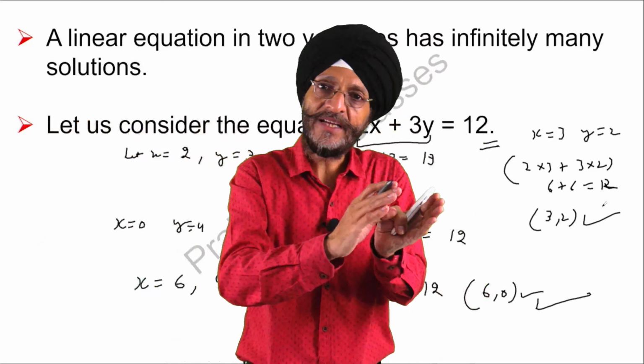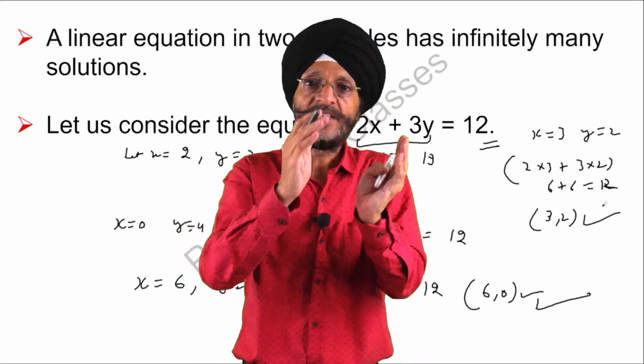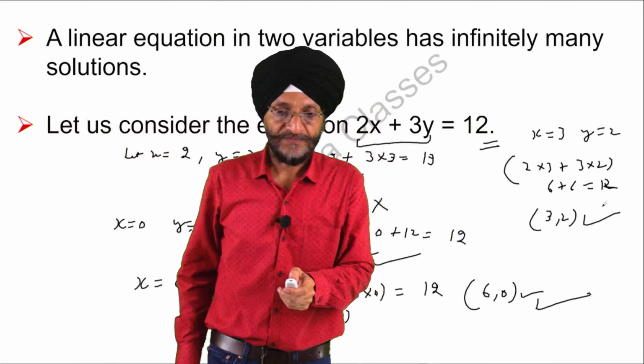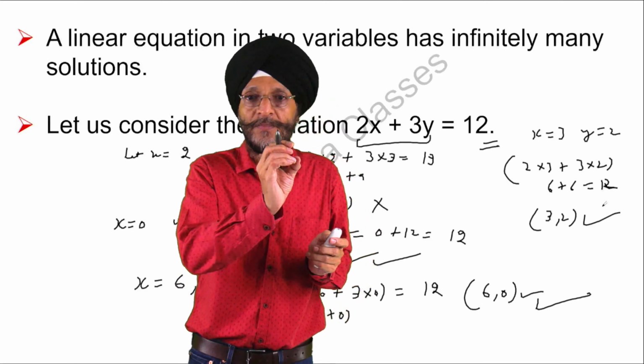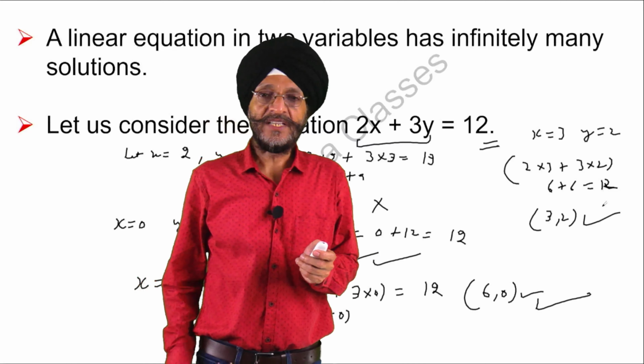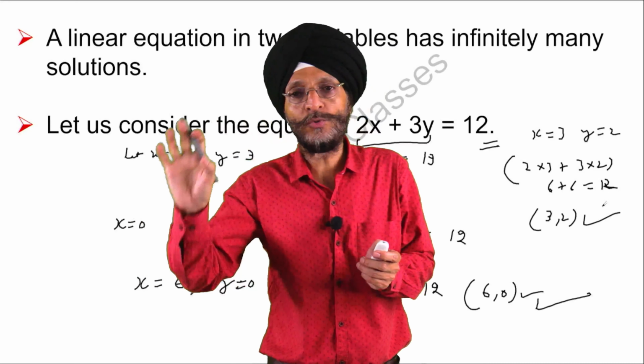That is, the values of x and y should be chosen such that the left hand side becomes equal to the right hand side, and this becomes a possible solution for the given equation. That is, we simply have to find the values of x and y which fit into the equation properly.